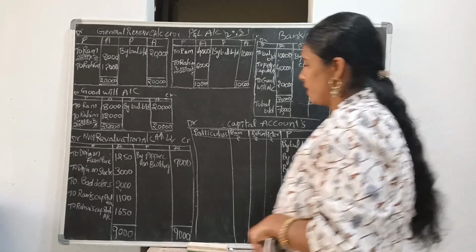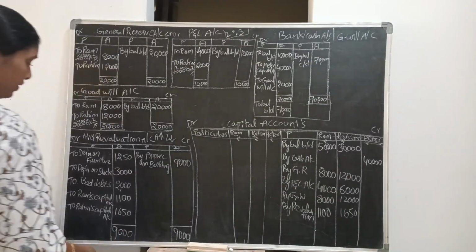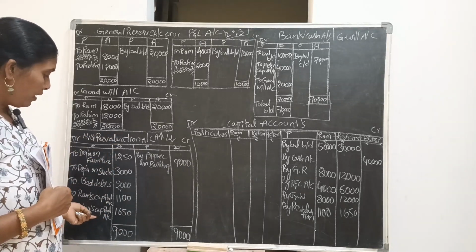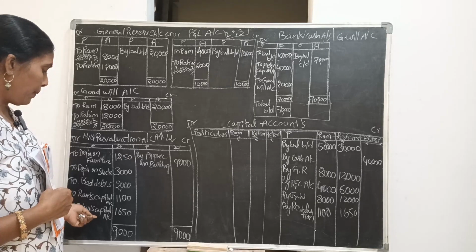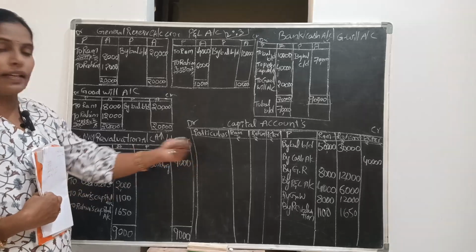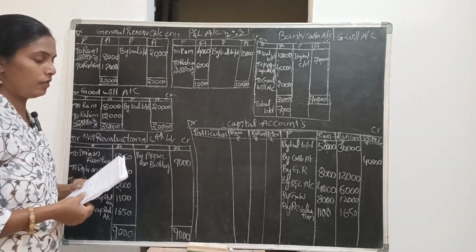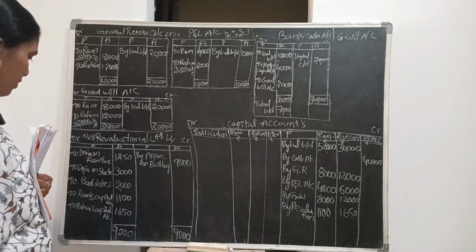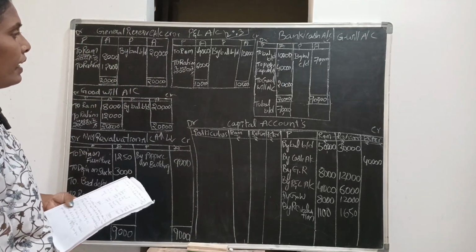Whenever you are confused with the journal entries, you can write like this also. Revaluation account debit to Ram's capital and Rahim's capital account. We are crediting Ram and Rahim, so post it on the credit side by revaluation account, which is journal entry based. So still anything else?